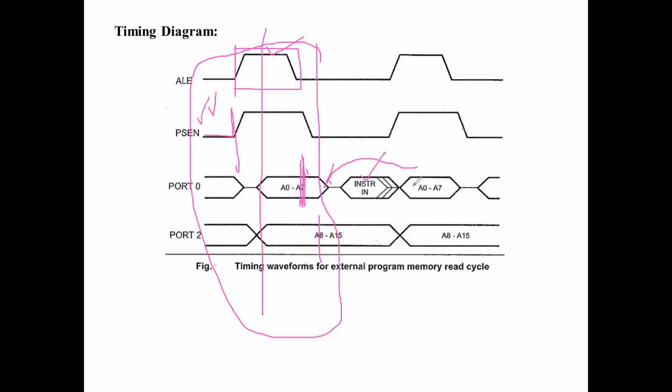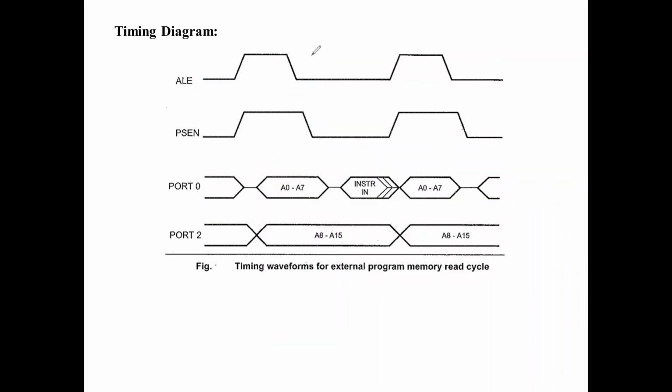Because in program memory we have instructions, from the corresponding address, the instruction is read through port 0. Once this operation is done, the instruction is read.